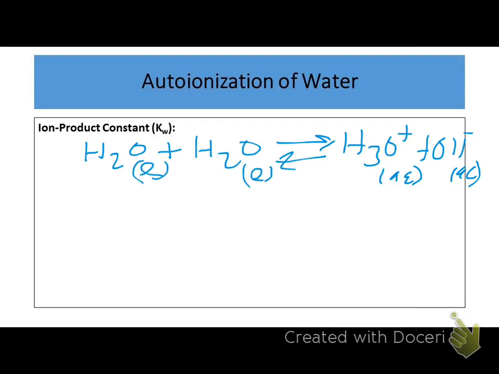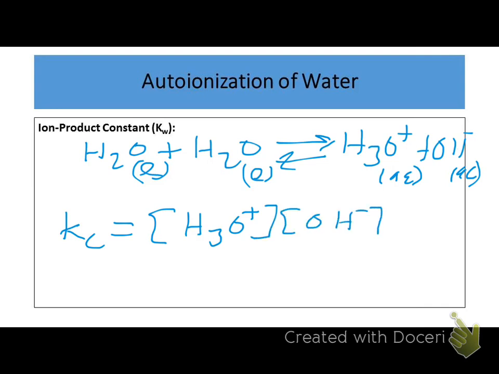So when we write out the equilibrium expression for this, we would write Kc is equal to the hydronium ion times the hydroxide ion. Now, we cannot include the waters because they're in the liquid state. And remember, in the equilibrium expression, we cannot include liquids.